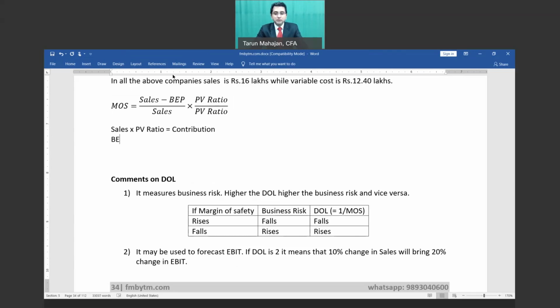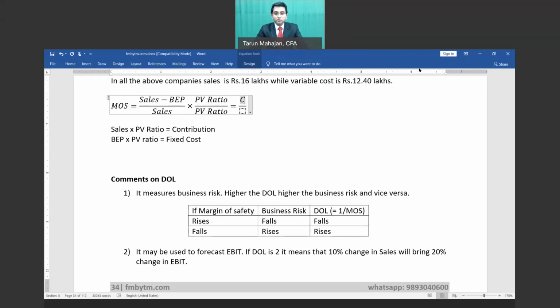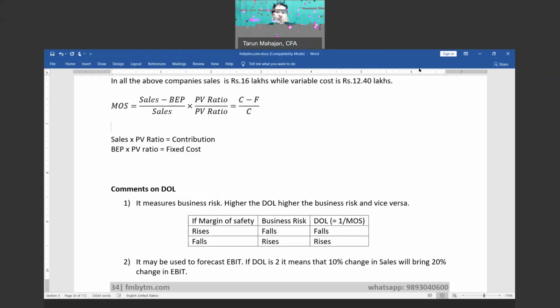And it will also be BEP multiplied by profit volume ratio, which is actually equal to fixed cost. Exactly, Priyanka. That's right. So if I rewrite this formula, sales into PV ratio is contribution, minus BEP into PV ratio is fixed cost, divided by contribution. This is also equal to contribution.